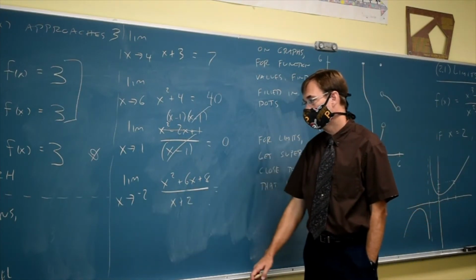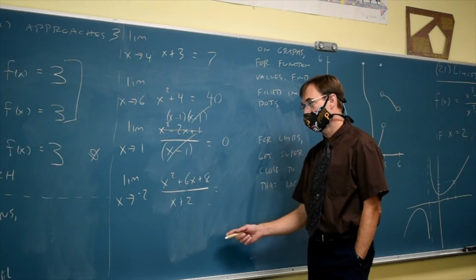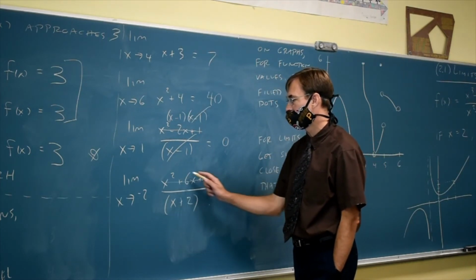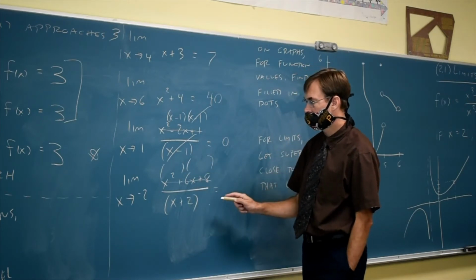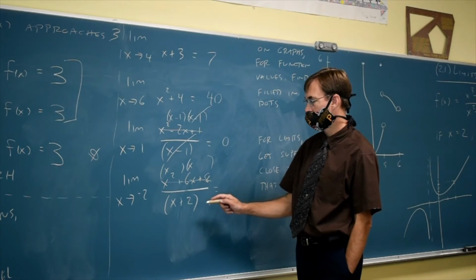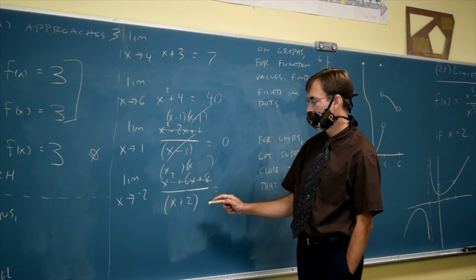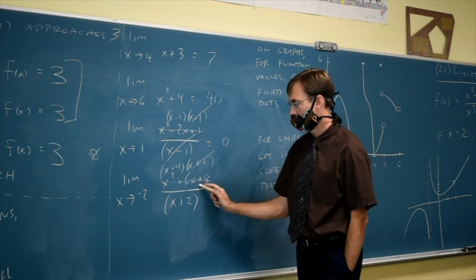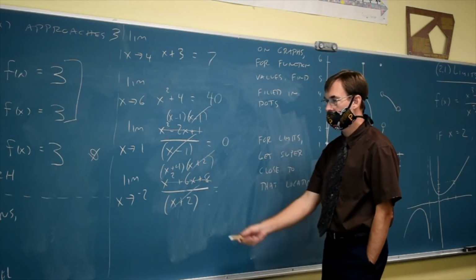Similarly, plug in -2, it makes the bottom 0, so you know there's some kind of an issue. Maybe you can resolve it with a factor and cancel. So factor, plus 4 plus 2. Get a little cancel going.